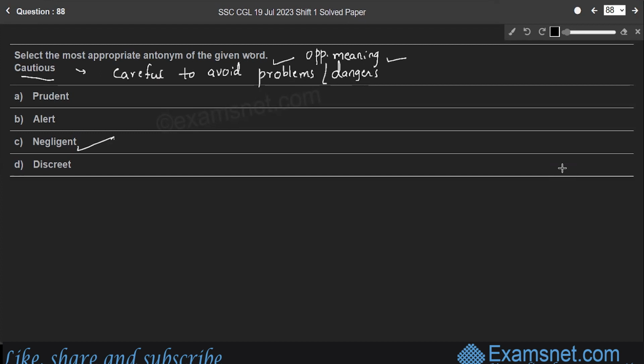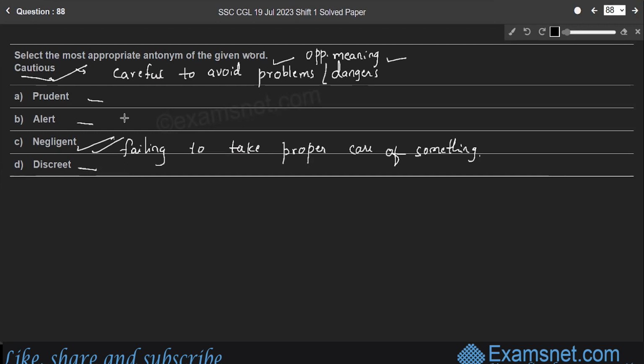Here negligent means failing to take proper care of something. For example, you are negligent in your duties. So which gives the opposite meaning of cautious. The remaining words are prudent, alert, and discreet.